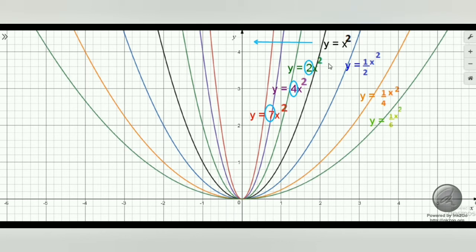We can compare those functions also. When the coefficient reduces, you can see the graphs become wider.